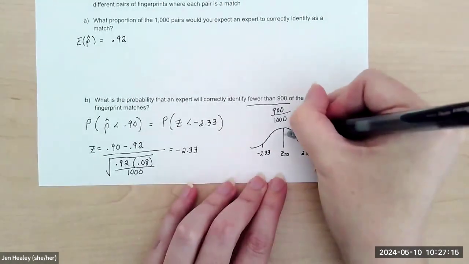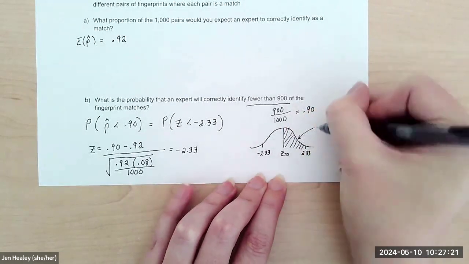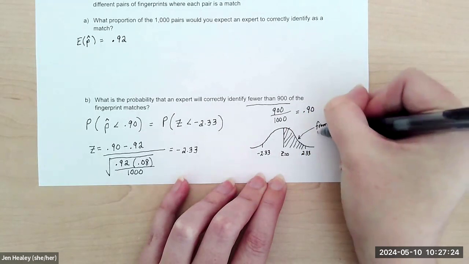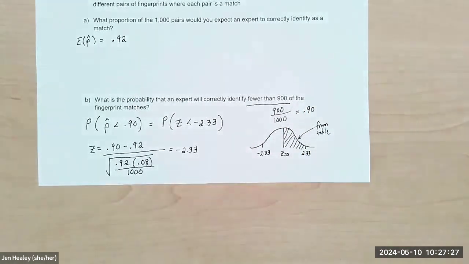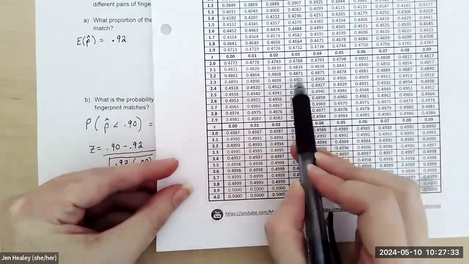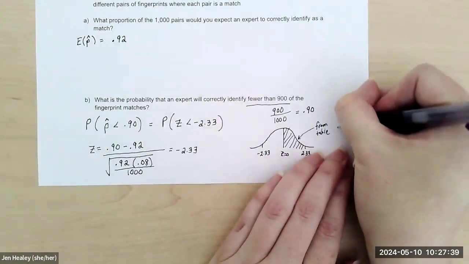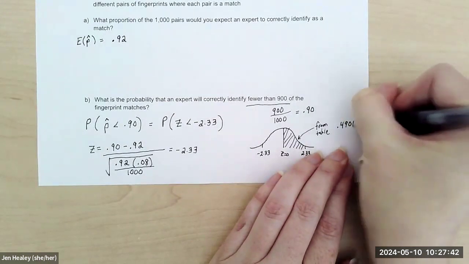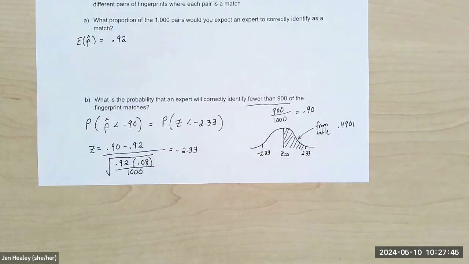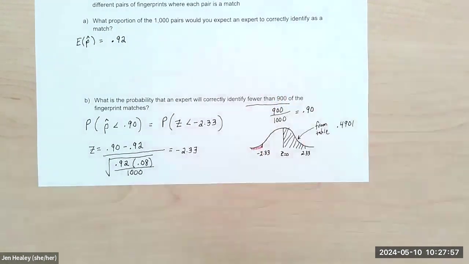So when I go to the table, it's going to tell me this area right here. Okay, so 2.33 is 0.4901. But what I want is actually this part of the distribution.